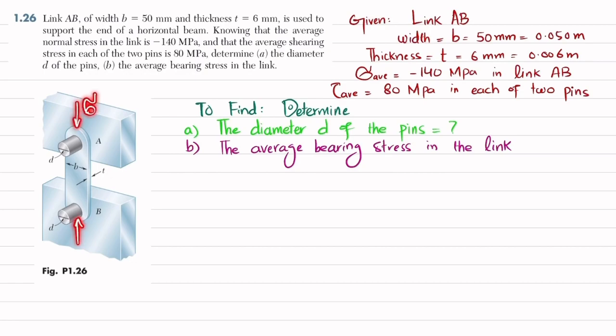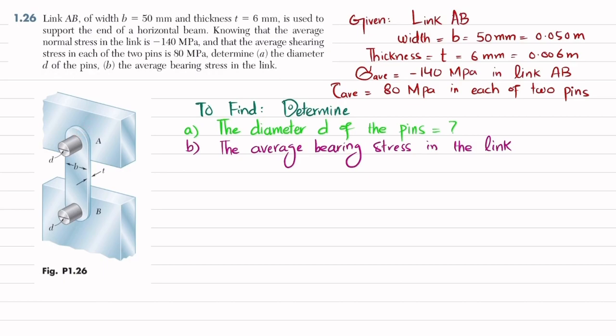Average sigma is equal to 140 megapascal. Here it is given as minus 140, and this arrow shows that this is in compression. Negative sign means compression. So you have to determine the diameter of this pin B having average shearing stress of 80 megapascal, and then you have to find the average bearing stress in this link AB.